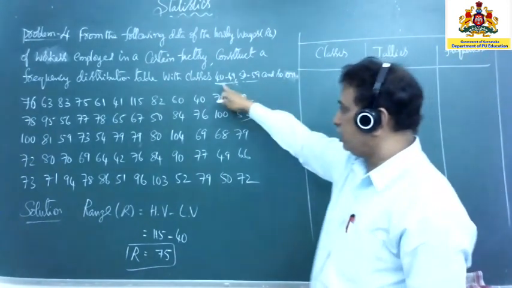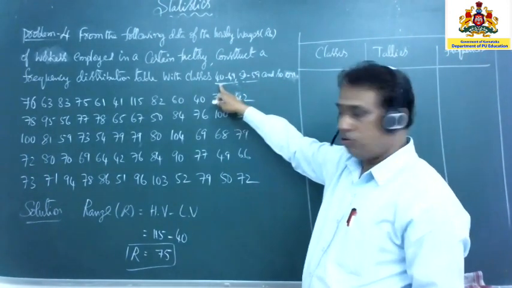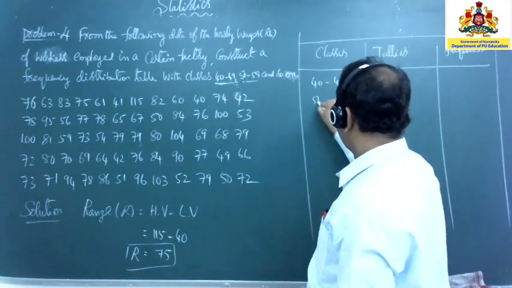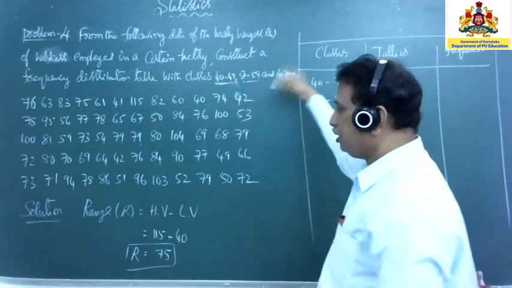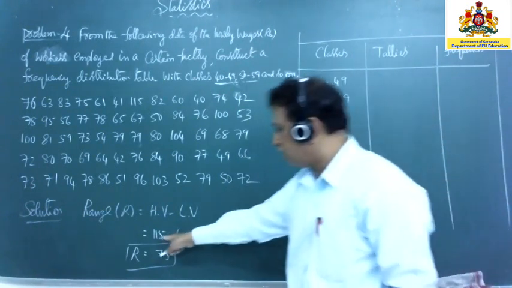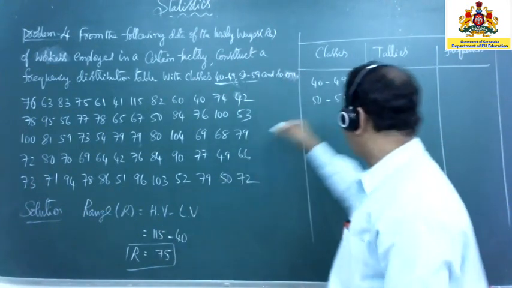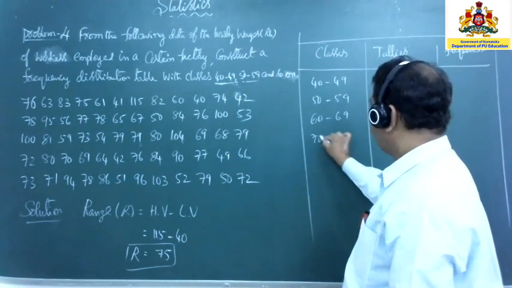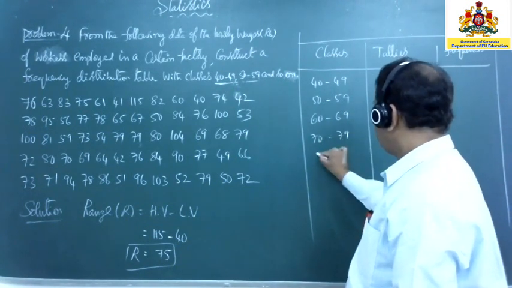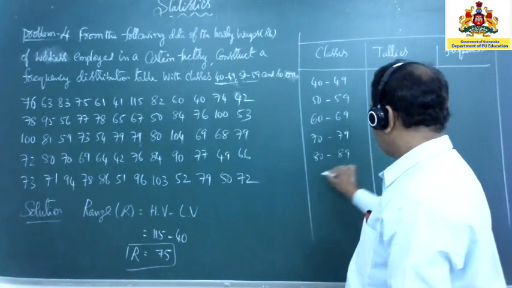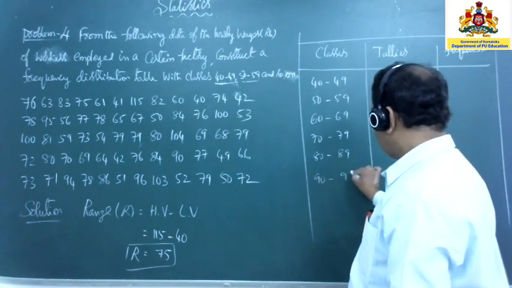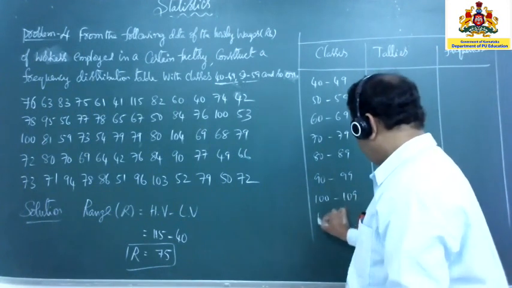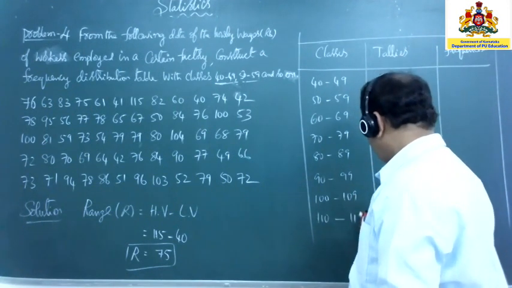Here you have to start the classes 40 to 49, 50 to 59 and so on. According to the highest value, you write the classes 60 to 69, 70 to 79, 80 to 89, 90 to 99, 100 to 109, 110 to 119.